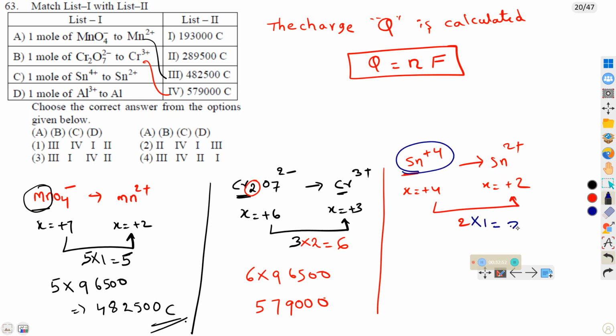N factor value is 2. 2 into 96500 is equal to 193,000. C1, A3, B4, C1. First option correct.